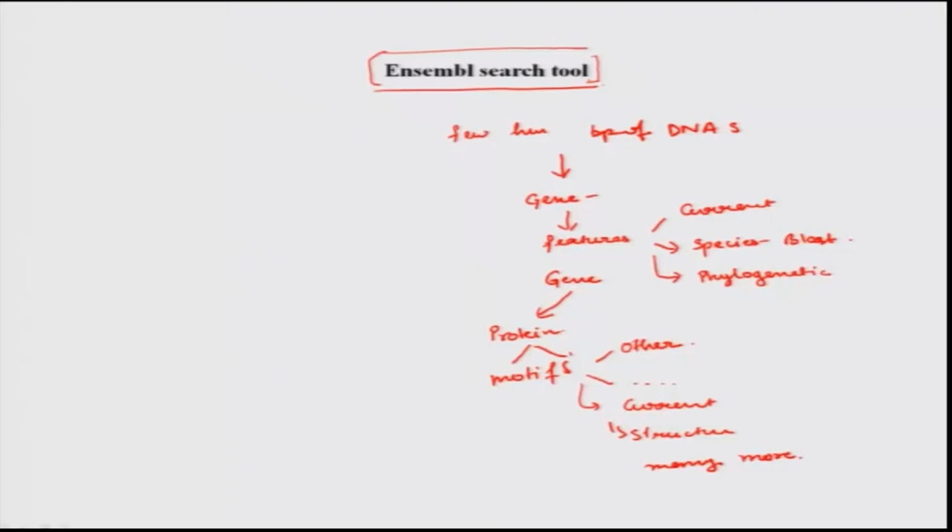Now we will look into another search engine, that is the Ensembl search engine, and very quickly we will go through it. We have almost understood what we can do, but let us look into it. So we will go online and look into what information can be fetched from that search engine.